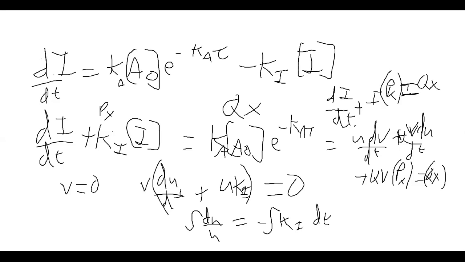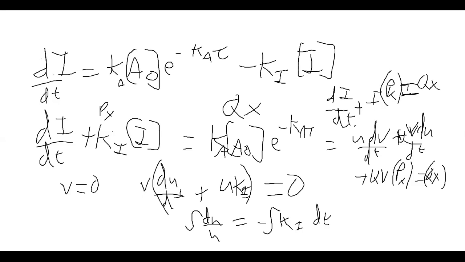We have our du equals u du dt over u kt. Get the ki to the other side. Divide both sides by u, and multiply both sides by dt. We have this du over u is equal to negative ki dt.